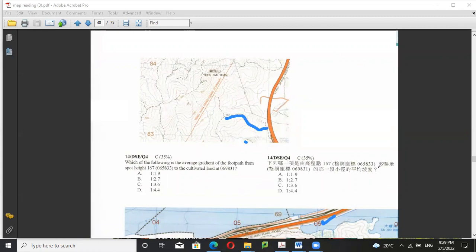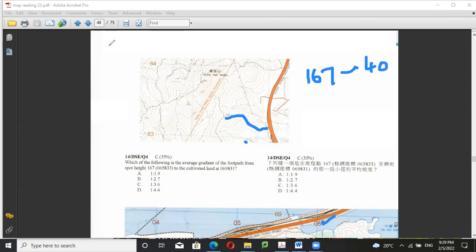Then what is the average gradient? First of all, you calculate the vertical difference. 100 right here, 80 right here, 60 right here, 40 right here, so it should be around 20. This is around 40. Then it should be 167 for the vertical, minus 40 for the vertical.